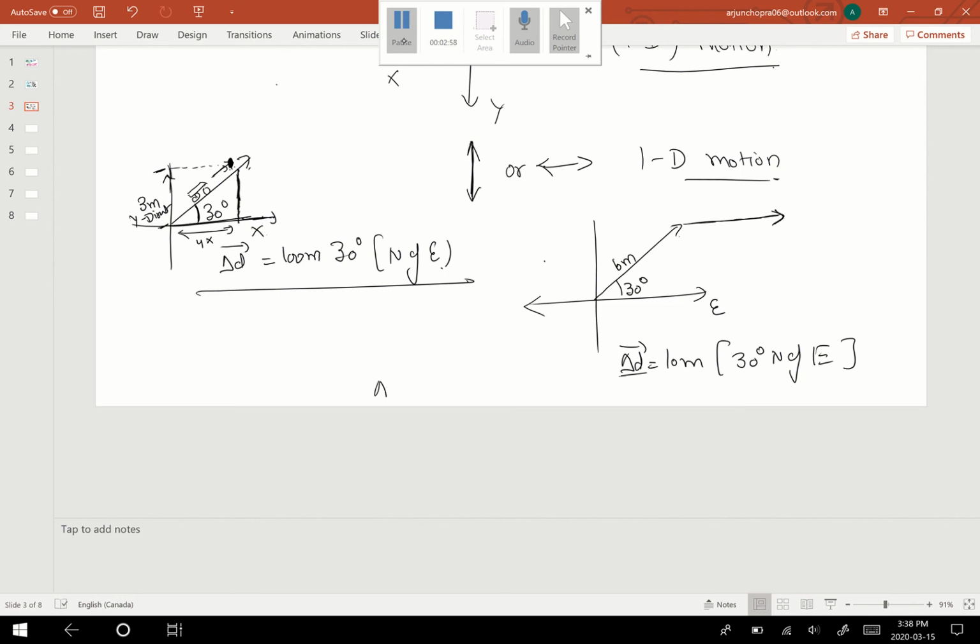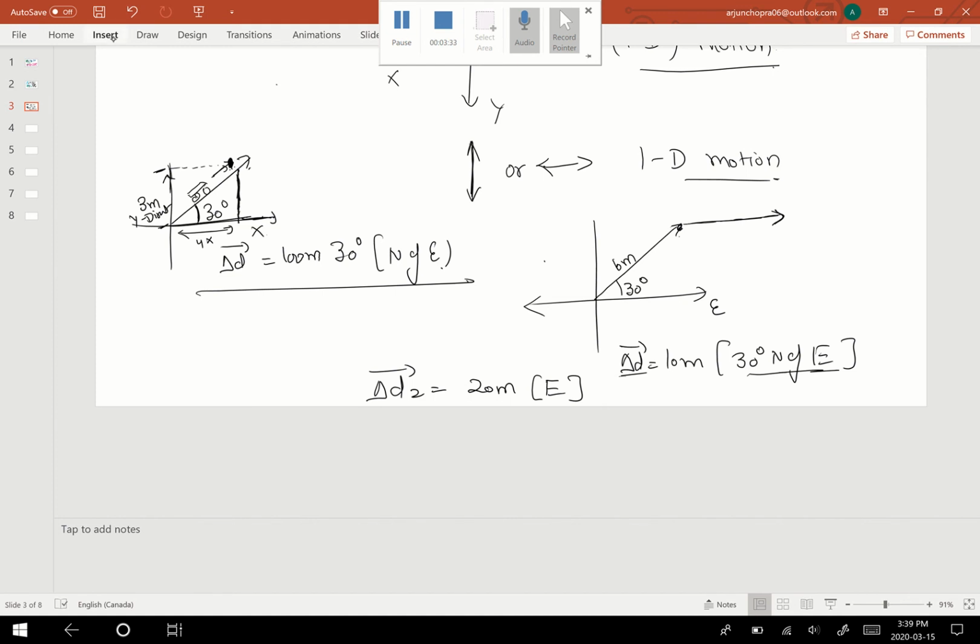So the second displacement, delta D2, is let's say 20 meters at 0 degrees north of east, or I can say in the east direction rather than writing it like this. So after it covers the 10 meters at an angle of 30 degrees north of east, it covers 20 meters in the east direction.